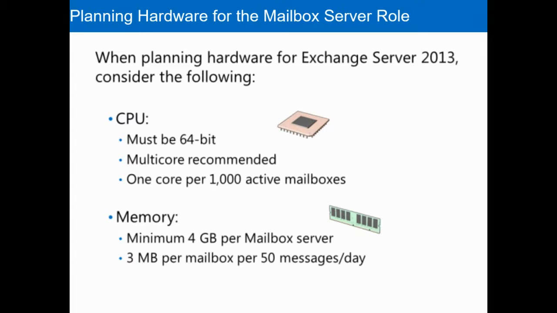Then for the memory, minimum 4 gigabytes per mailbox server, and 3 megabytes per mailbox per 50 messages. So you must consider these values in order to calculate your needs in terms of hardware.